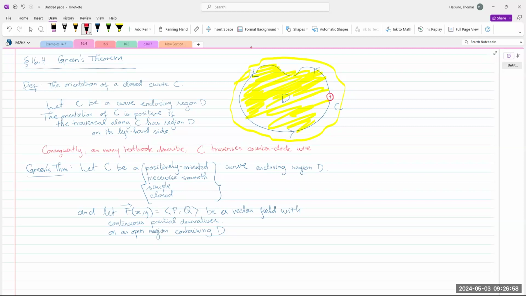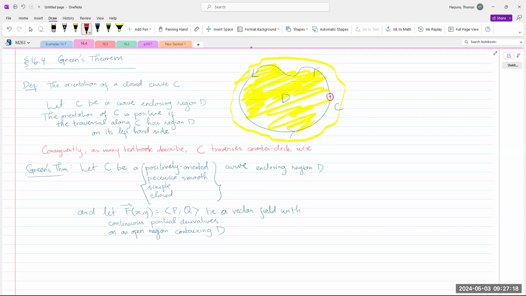This way of defining it guarantees that the vector field F has continuous partial derivatives everywhere on D, including the boundary, which is curve C, from every direction.